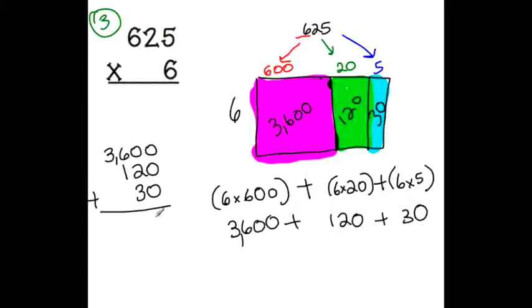So 0 plus 0 plus 0 is 0. 3 plus 2 is 5. 6 plus 1 is 7. And here's our answer, 3,750. Great. See, 3 digits aren't that scary, are they? They are exactly like 2 digits. We just have to do an extra step.